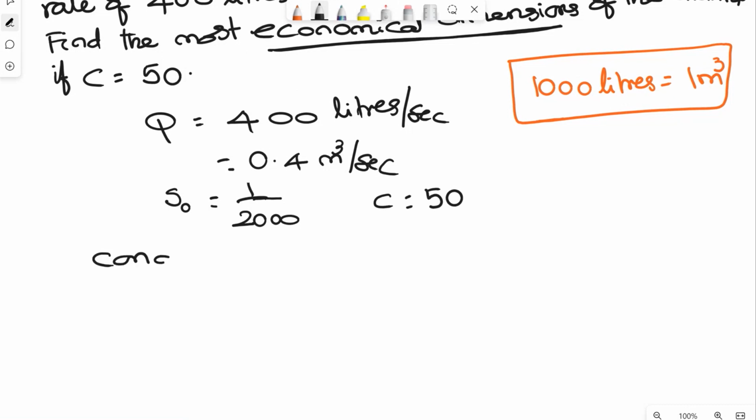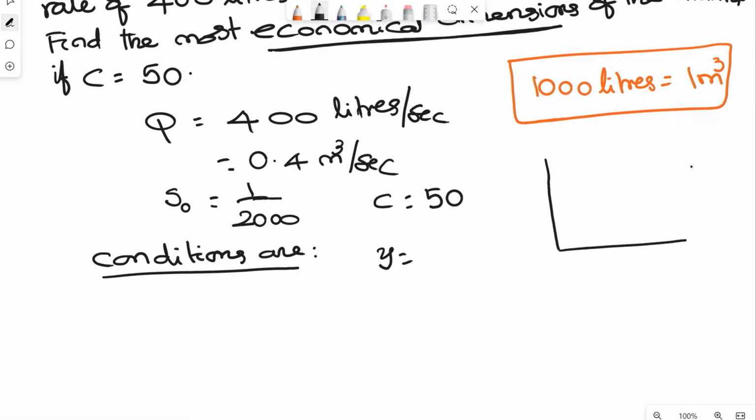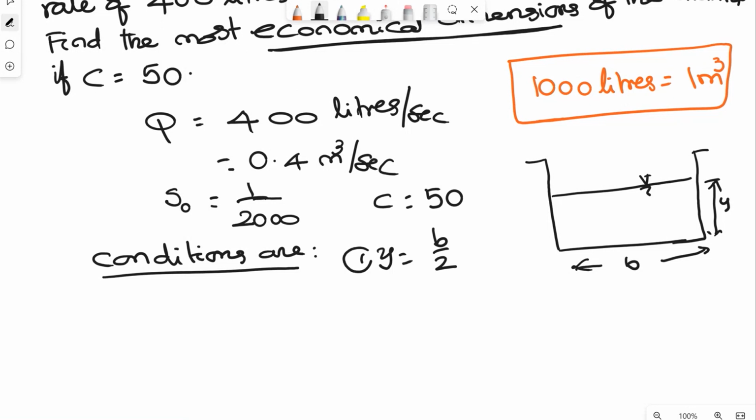Then what are our conditions? You tell me. The first condition, for a rectangular channel, draw that figure also: this is y, this is b. So y is equal to b by 2, first condition.